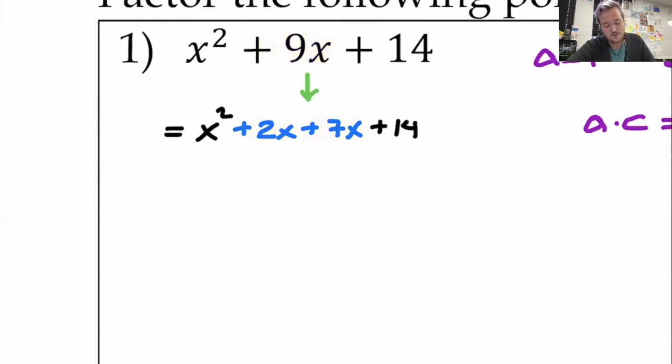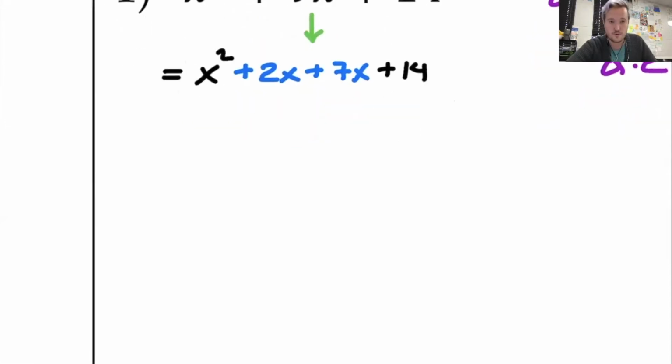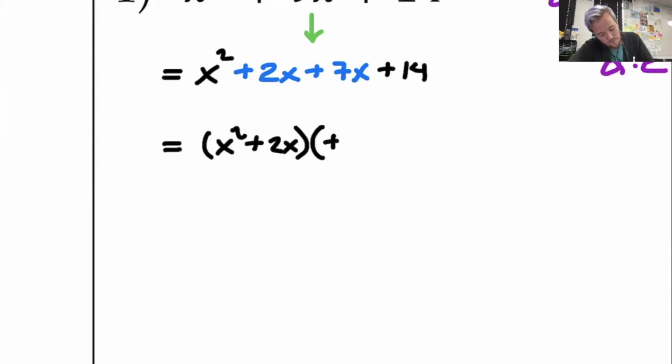All right, so now I want to start doing my groups. I'm going to group the first two terms together and group the last two terms together. So I'm going to do parentheses x squared plus 2x parentheses plus 7x plus 14. From here, you want to find what you can take out of both.